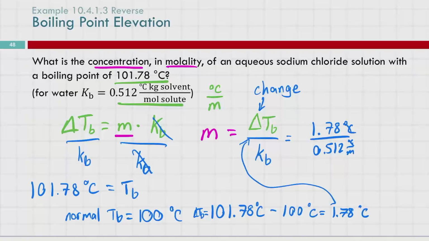The degrees Celsius cancel. m flips to the top. 1.78 divided by 0.512. This is a 3.48 molal sodium chloride salt solution.